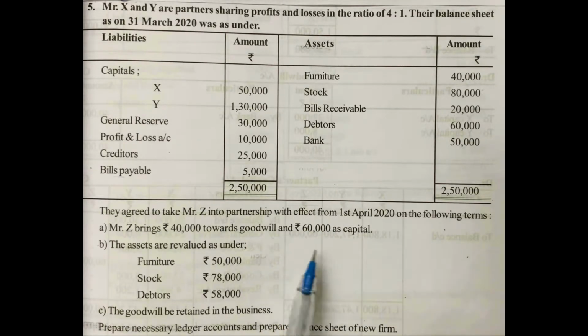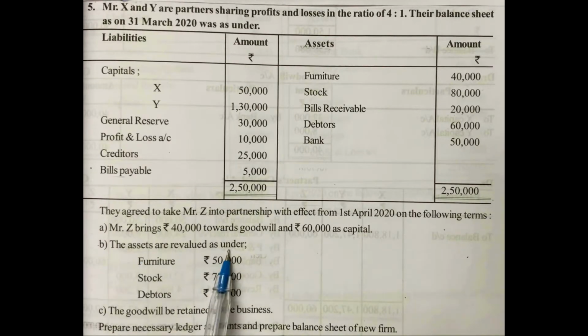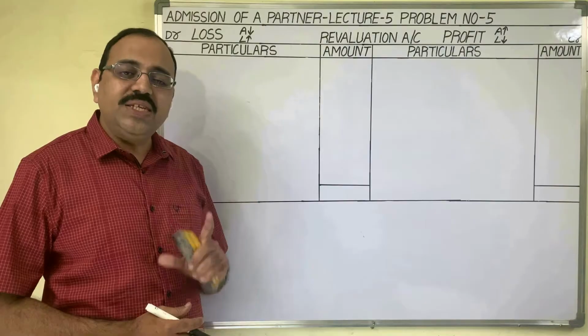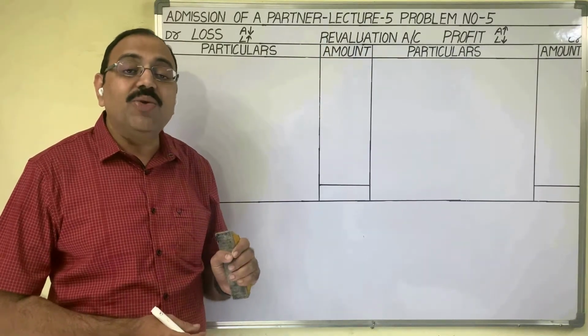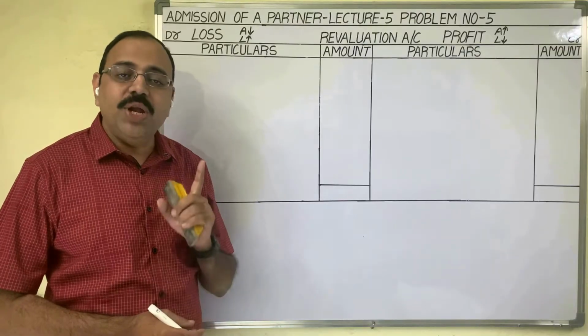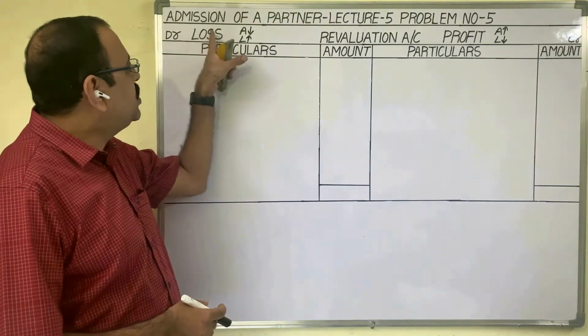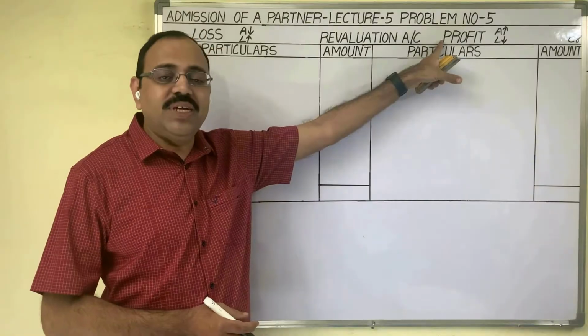Let us start the solution with the revaluation account. This B bit is related to the revaluation account. In the ledger, first we prepare the revaluation account. Revaluation account is a nominal account. Nominal account rule: debit all expenses and losses, credit all incomes and gains.